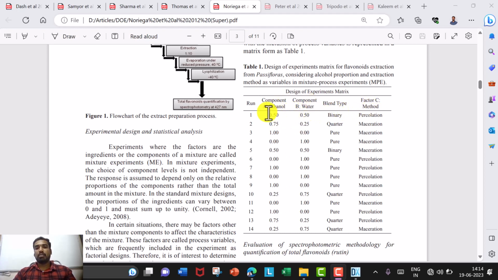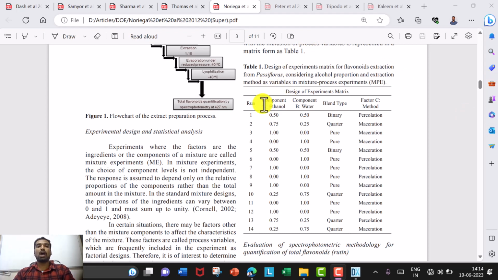Then method. See, there are two types of input variables. We call them independent variables, and mainly in design of experiments or Design Expert software, two things are very important: input variables and output variables. Input variables means independent variables.